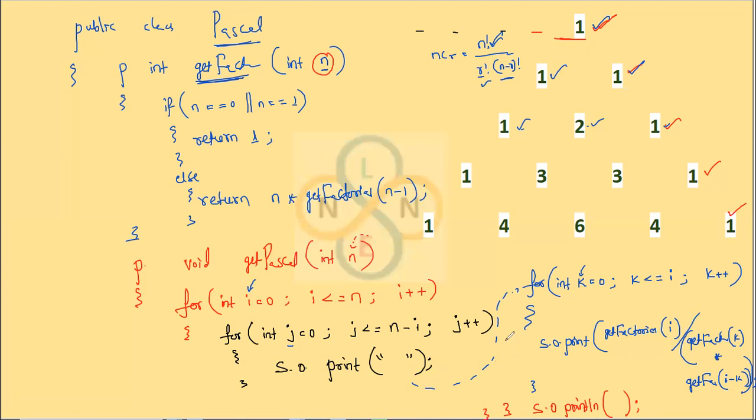Here is one more point. Every time it prints, after printing we need one space, right? That's why here also, before getFactorial of i by getFactorial of k into i minus k, we append one space, one space plus this syntax.